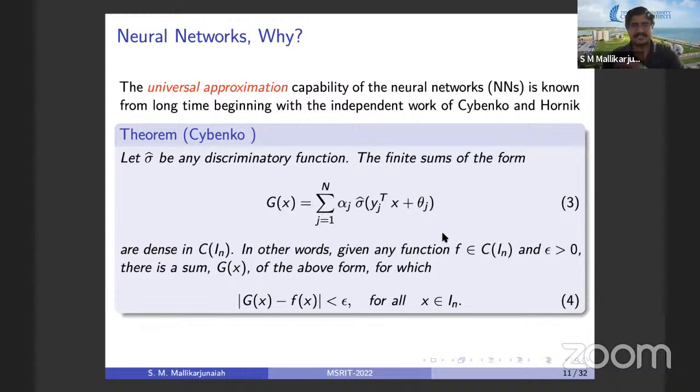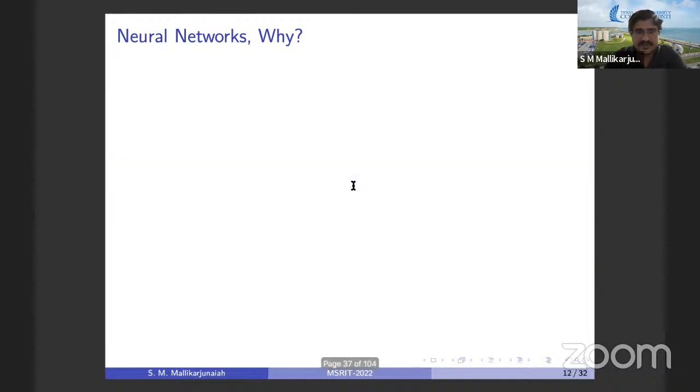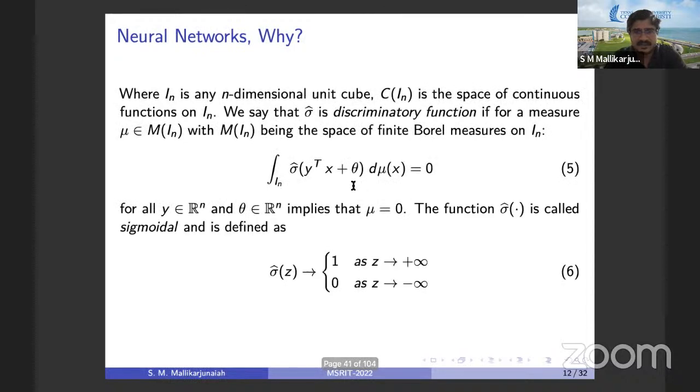That's the very basic understanding of this theorem. Now, that's the fundamental basis for approximations using neural networks. Now, this sigma is also called sigmoidal. It's 1 as the argument goes to positive infinity, and 0 as the argument goes to negative infinity. Now, one can easily map this, and you can also compare with the input-output formula that I gave before.